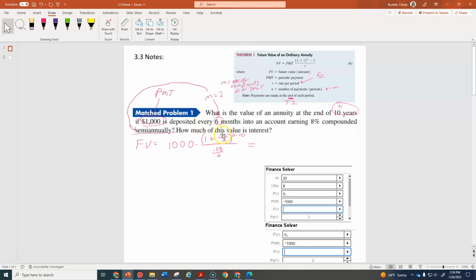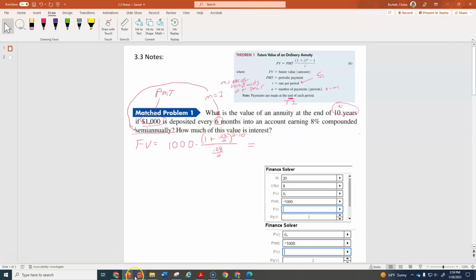Remember that whatever goes up here in this formula also goes in the bottom. And whatever number we're dividing our interest rate by should be the number that we're multiplying right here. This is what I'm not 100% sure is the same, but I think the number of payments that we make and the number of compounding periods is going to be the same.